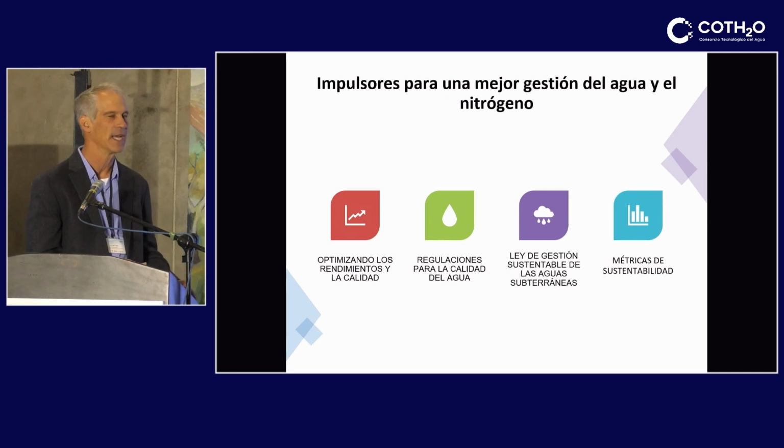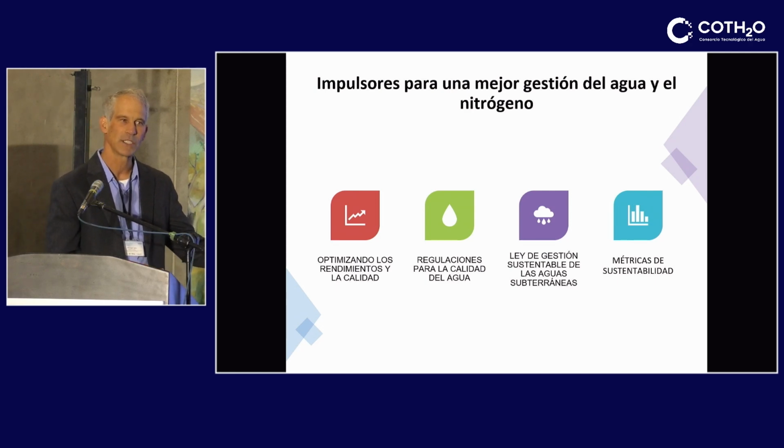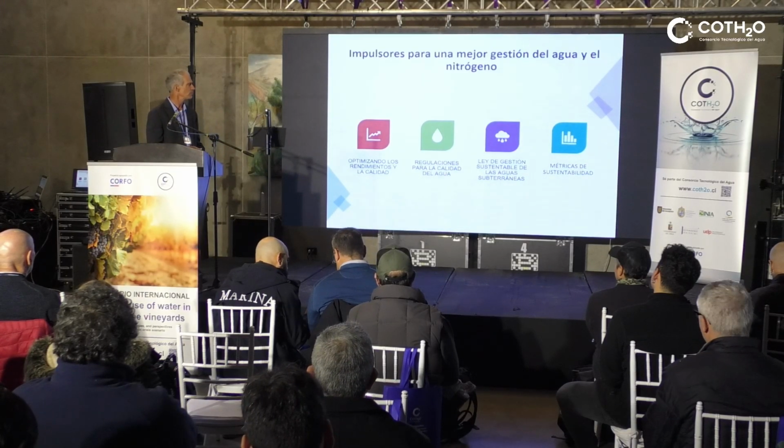We have pesticides that get into our surface water supplies, and then, as I mentioned, nitrate is a big deal in the groundwater. And then we have some new laws on groundwater use, so we have limits on how much we're going to be able to extract for use in agriculture in the future.